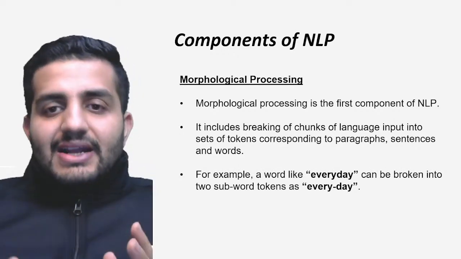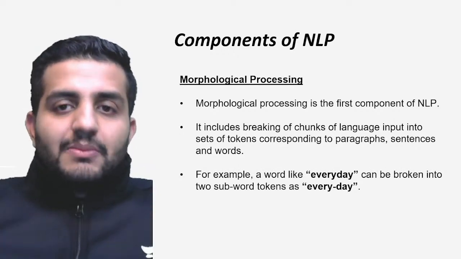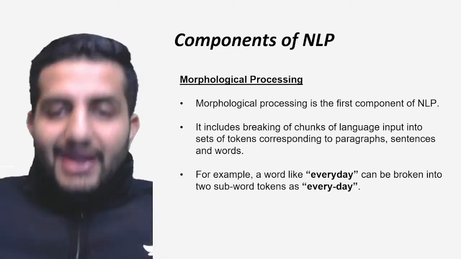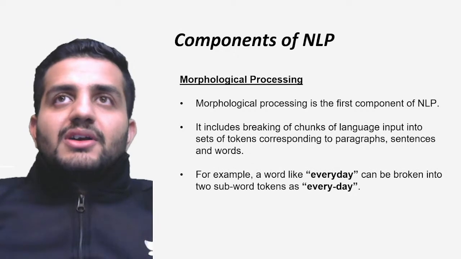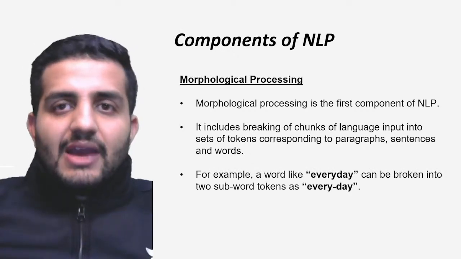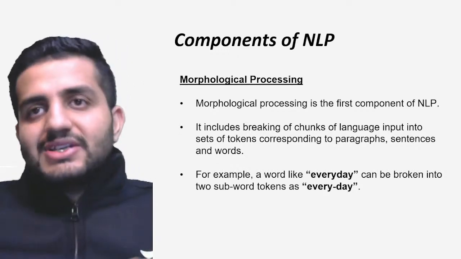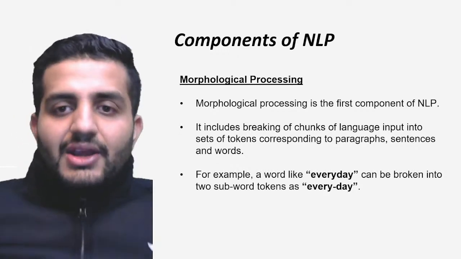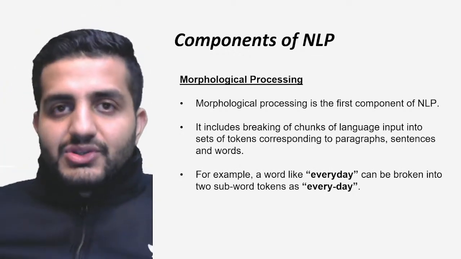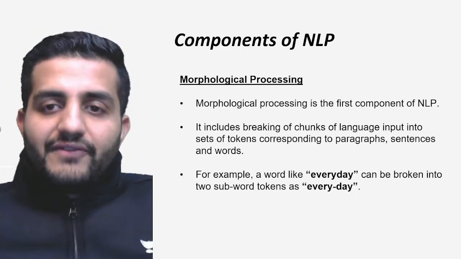If I talk about a sentence, tokens mean words. And if I have a paragraph, suppose I'm talking about myself: my name is Arpit Jain, I work here, I do this, I do that. Say I have 10 sentences about myself. Here the tokens mean the individual sentences of a paragraph. So there are 2 different meanings of tokens here.